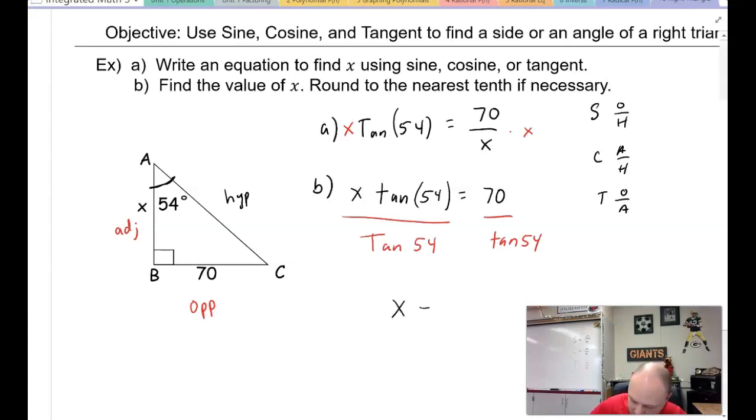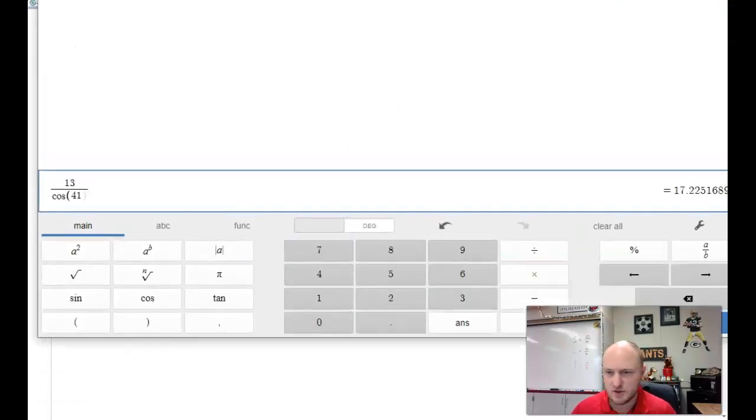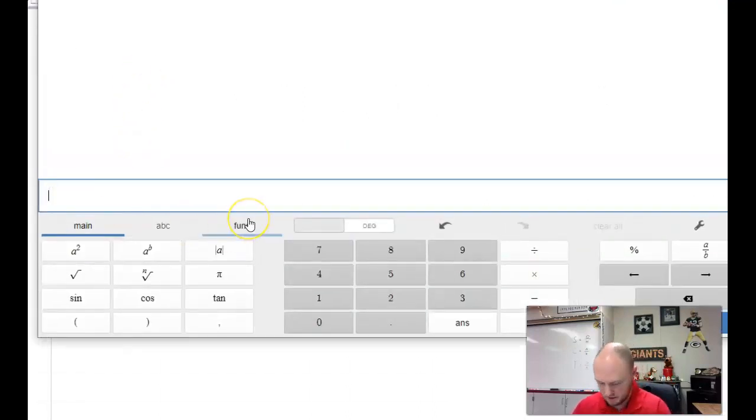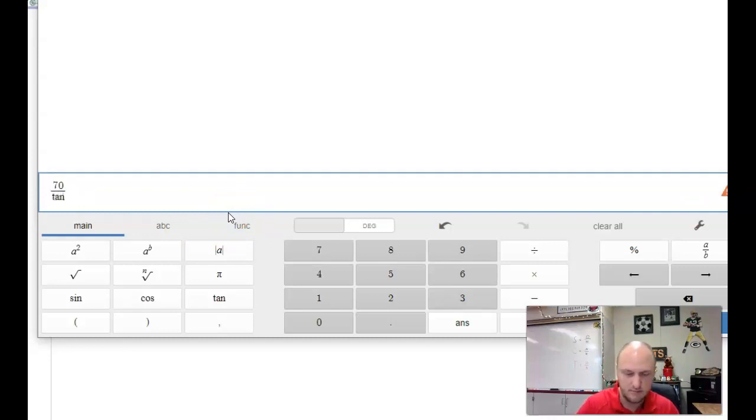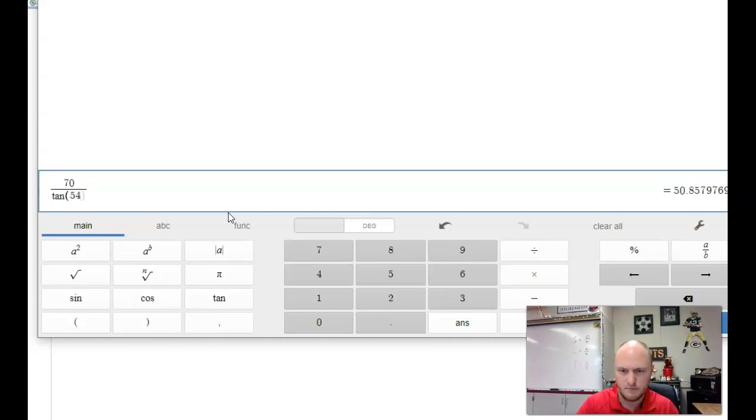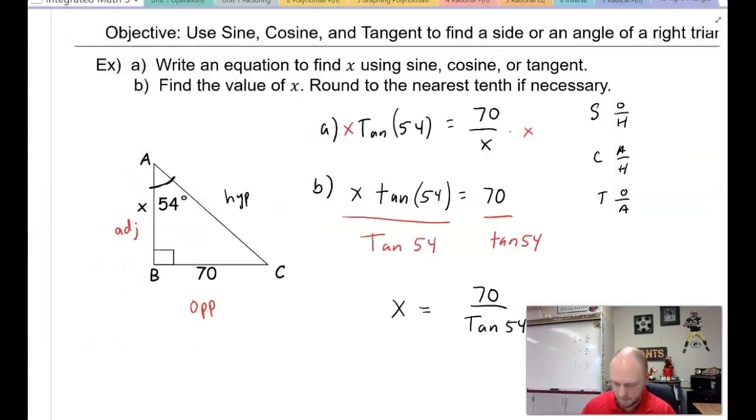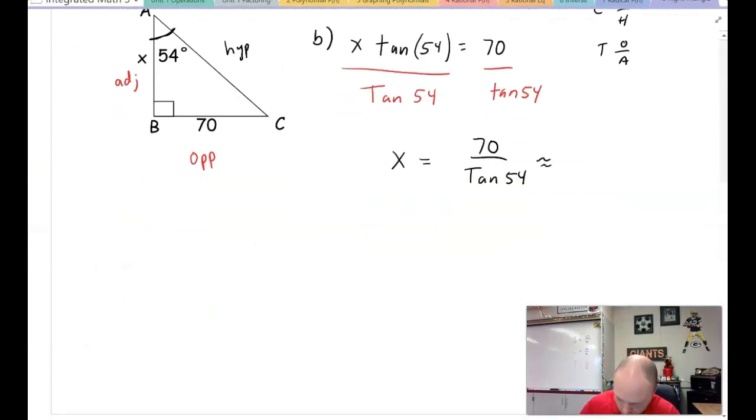And so we get x is equal to 70 over tangent of 54. And I've got to go ahead and compute this. So 70... and we get 50.9. All right, there you go.